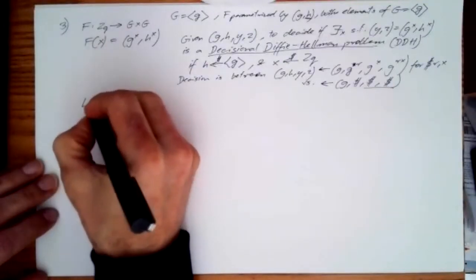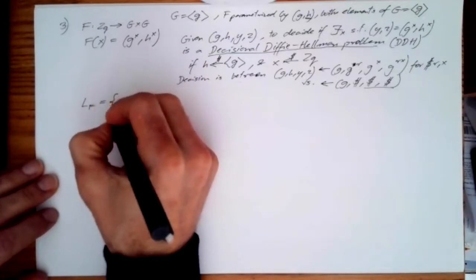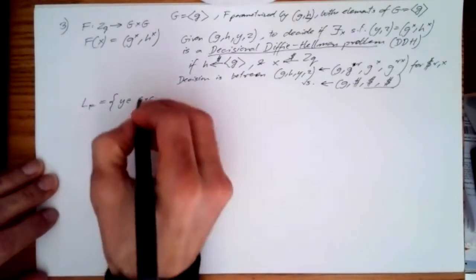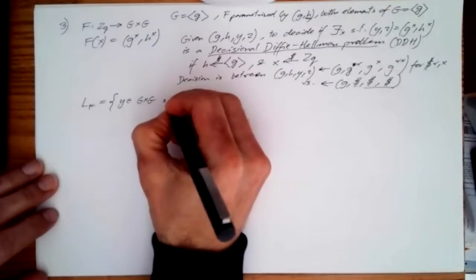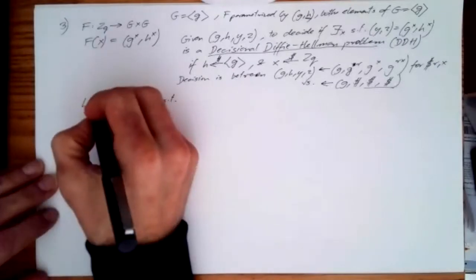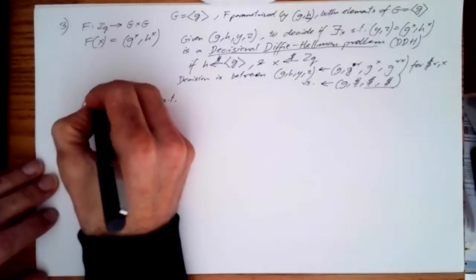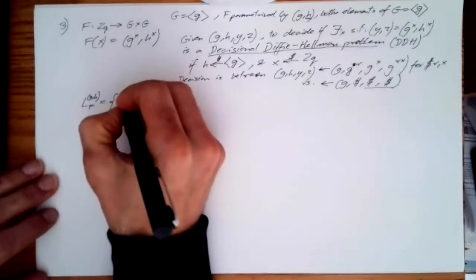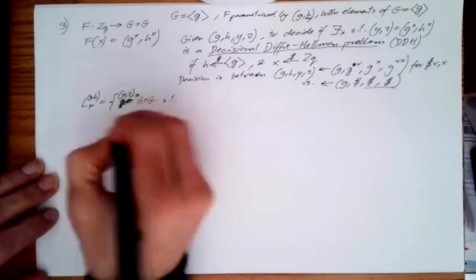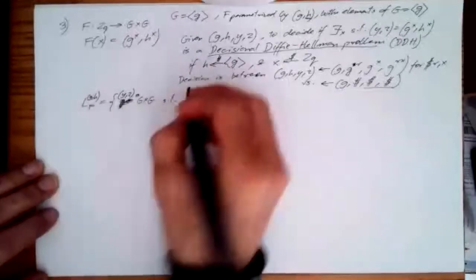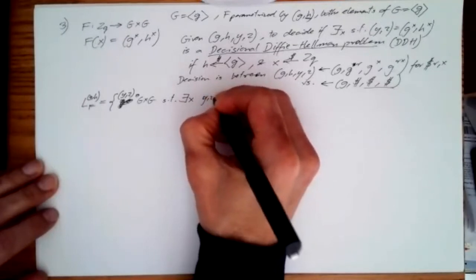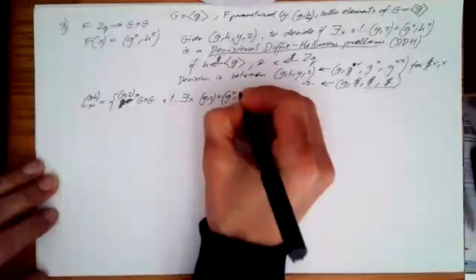The language L_f of values y in this cross product of the group, parameterized by G and H, I want to call these images a pair (Y, Z), such that there exists an x such that (Y, Z) is (G^x, H^x).